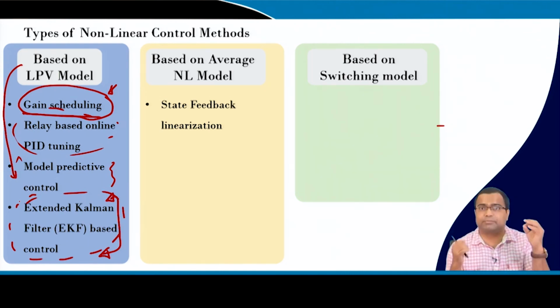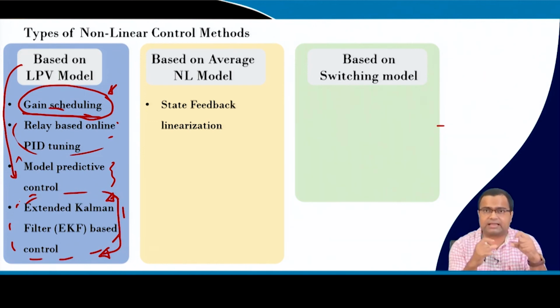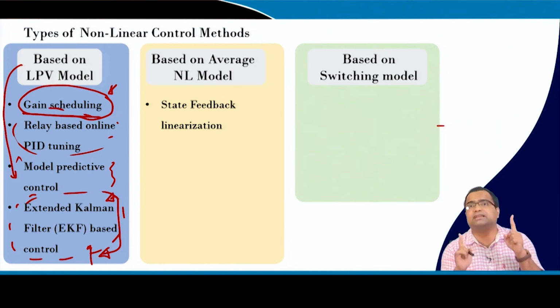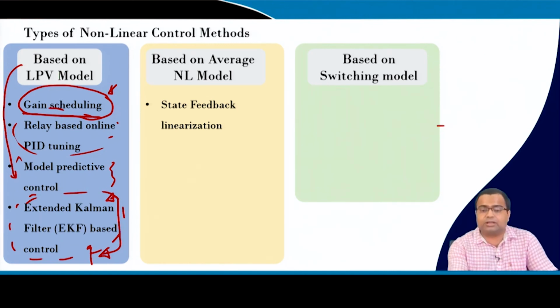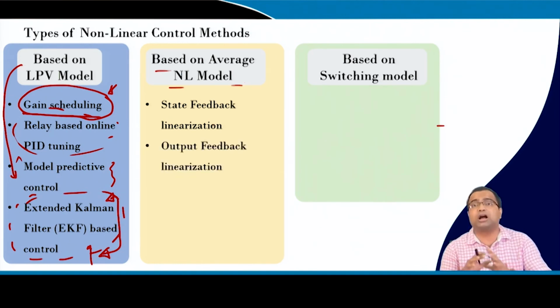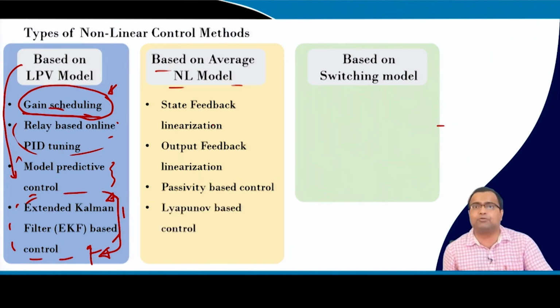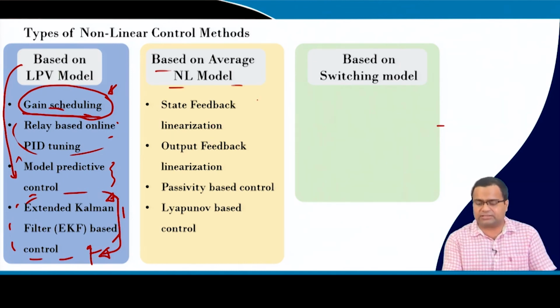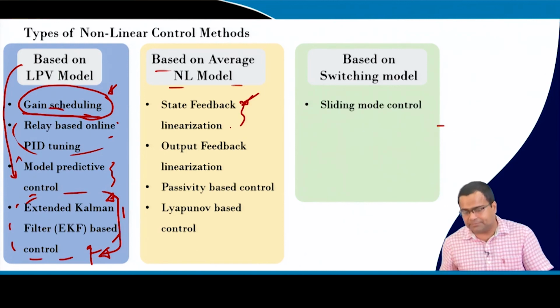So, it is an extended Kalman filter, that means linearize around it, consider the nonlinear average model, but you need to linearize. So, for the model based average model, you can use state feedback linearization, full state feedback, output feedback linearization, passivity based control, Lyapunov based control, and there are many other control techniques. I am just touching these two, I will discuss these two techniques in the subsequent lecture.